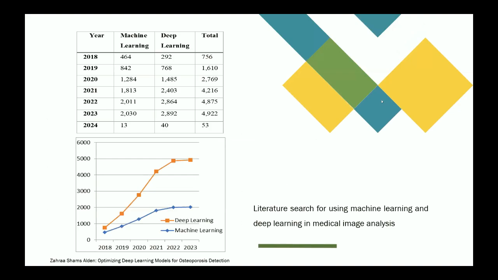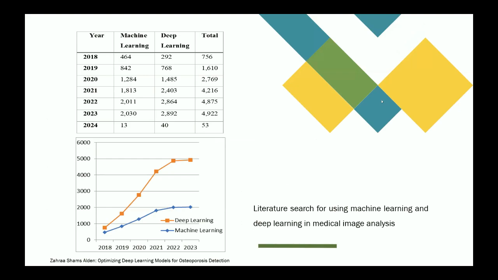This is the literature research that has been done using machine learning or deep learning for medical image analysis. This had been done using the Web of Science database. We can see from 2018 to 2024 that the number of research papers has increased.